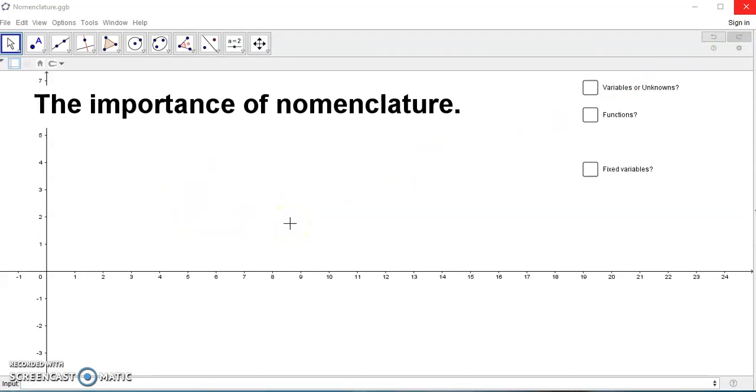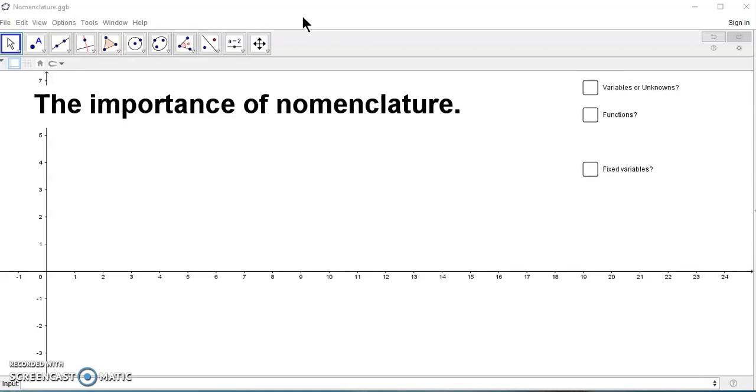And there are a lot of problems with mainstream mathematics because of the use of, let's say, not very well thought out nomenclature, however you pronounce that.